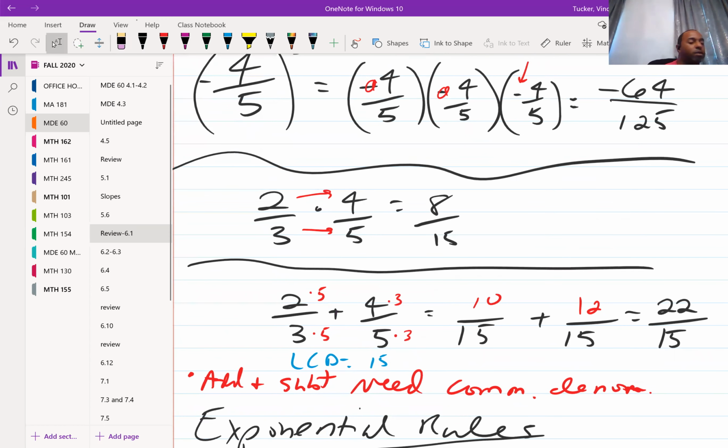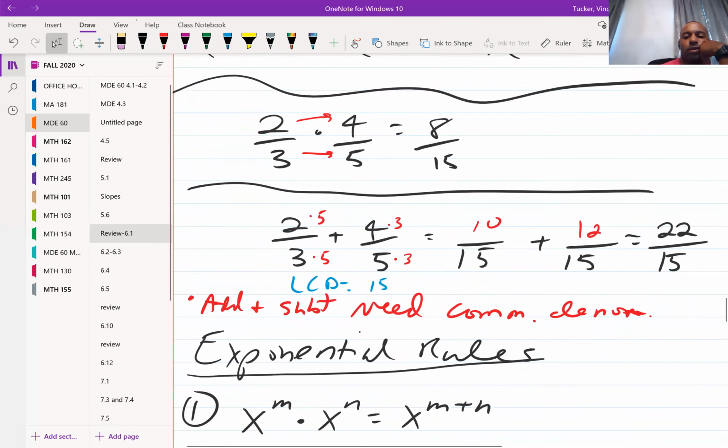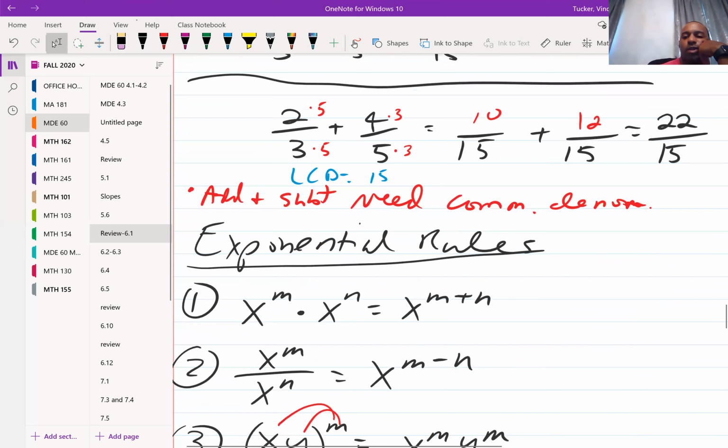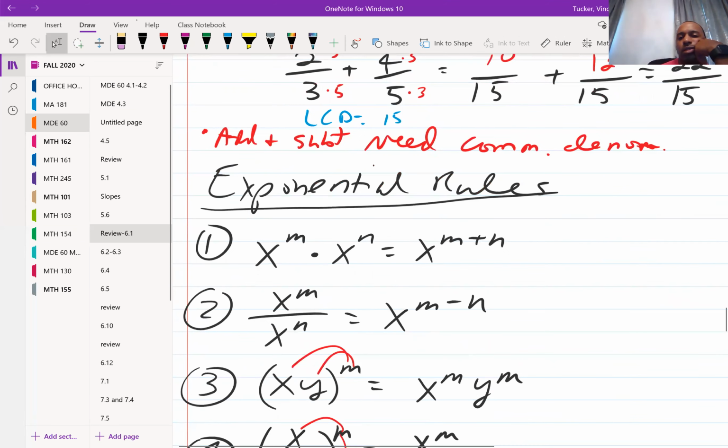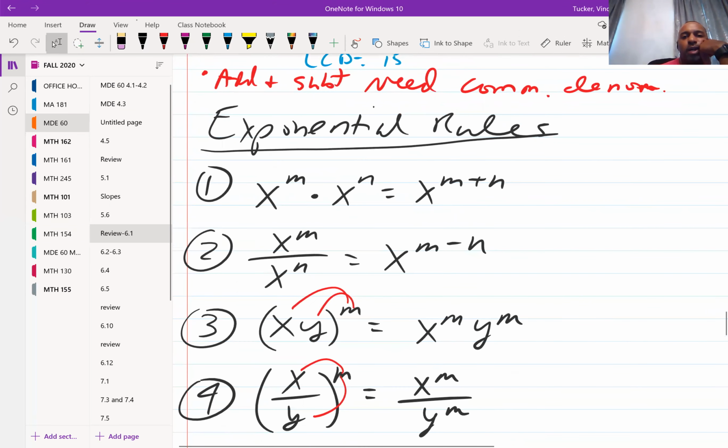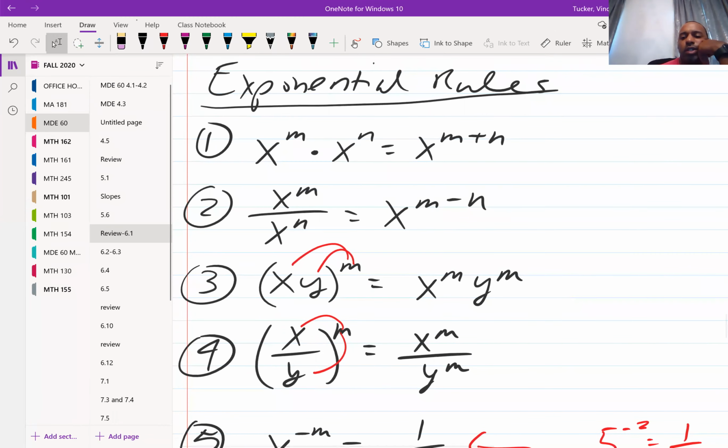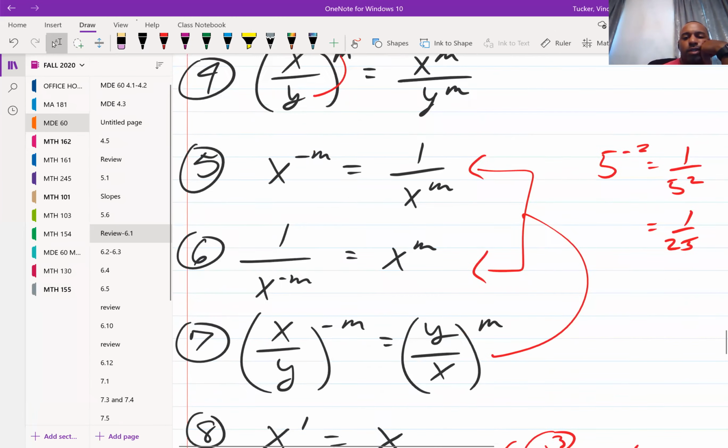Any questions or problems before we get into your exponent rules? All right. So, of course, we're going to talk about them all.